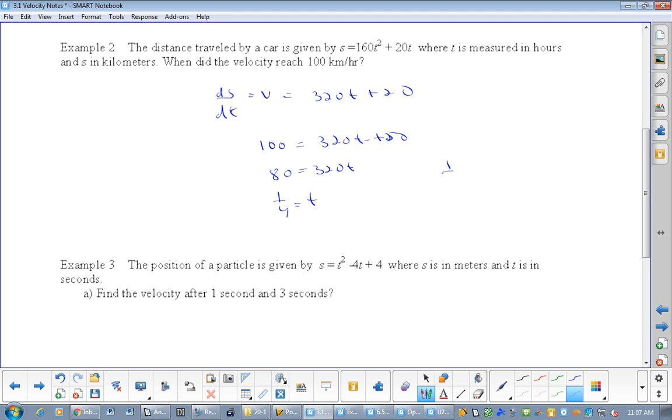So that's 1/4 of an hour, which equals 15 minutes. So the car reached 100 kilometers per hour in 15 minutes. Might want to get a tune-up on that car.